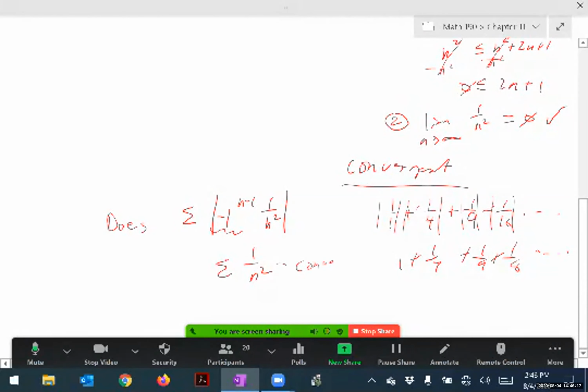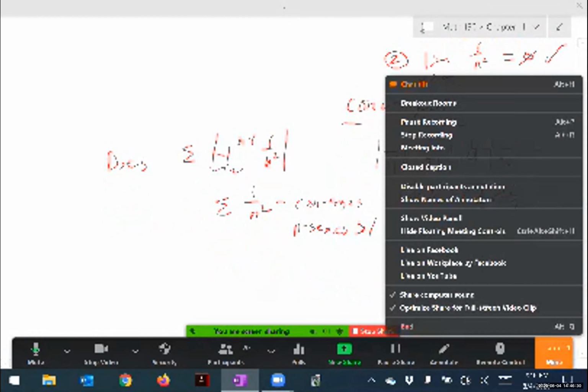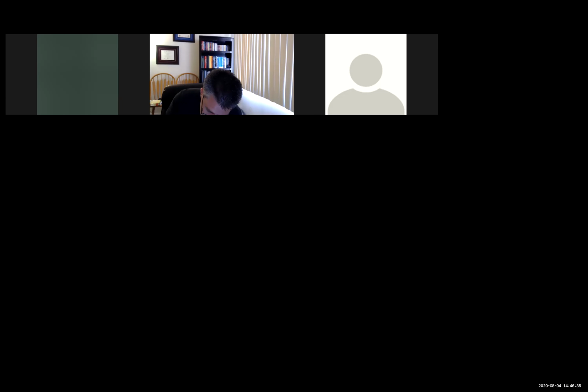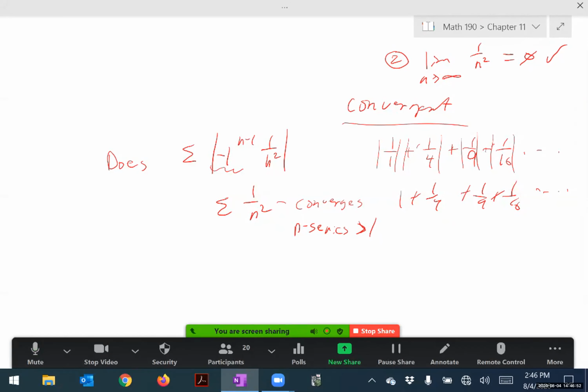It converges because it's a p-series with p greater than 1. So not only does the original series converge by the alternating series test, but it is absolutely convergent.